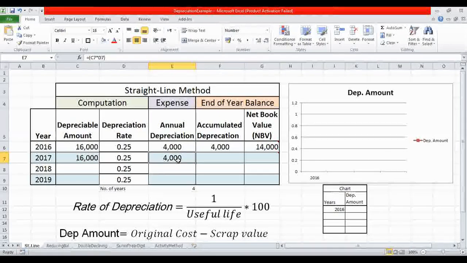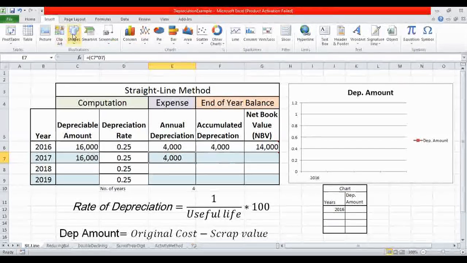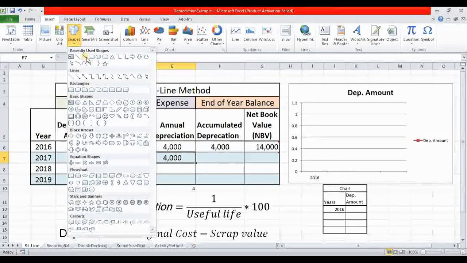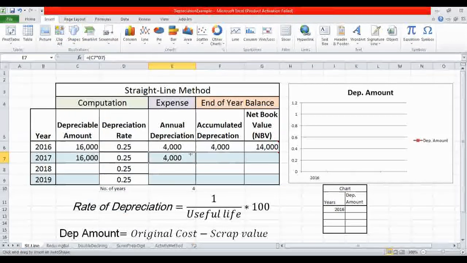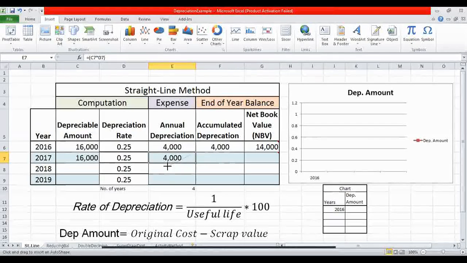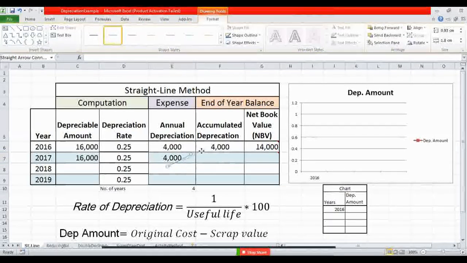So next, accumulated depreciation. Accumulated depreciation is last year's depreciation plus this year's depreciation. If we make a small arrow over here, it will be very helpful for us. The arrow is something like this.